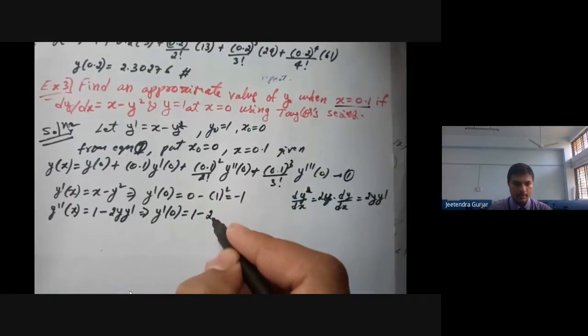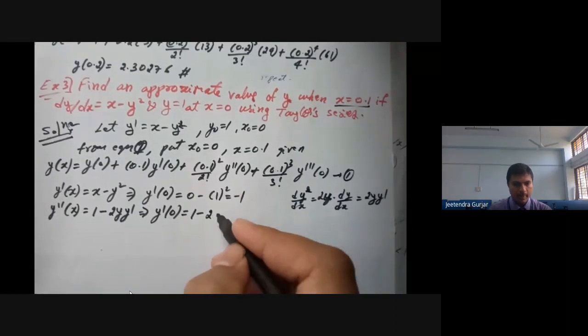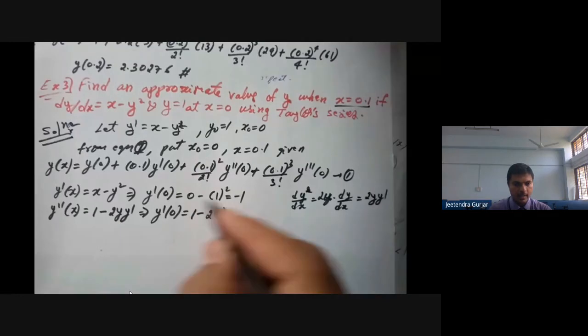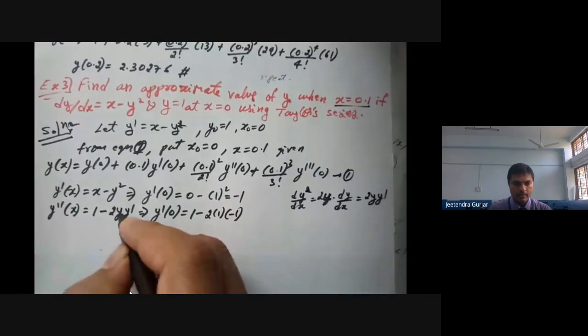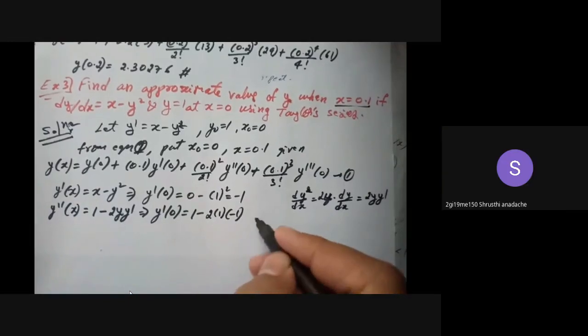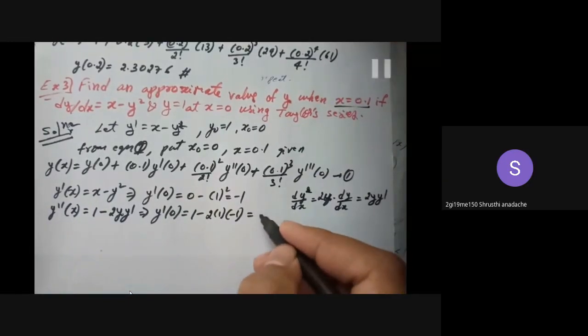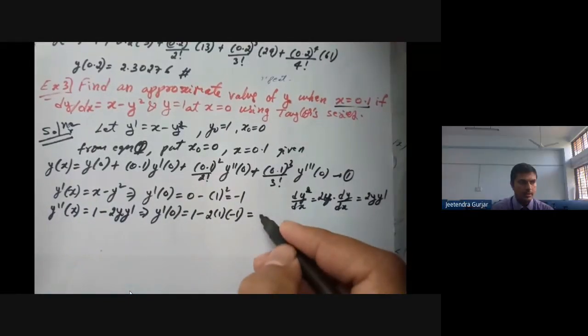Substitute the values. So we are going to get here, what is y? Already it is given 1, and y dash we have calculated as minus 1. So substitute and then simplify. Just see the value we have calculated in y dash. So y dash is equal to x minus y square. Am I right? So x is 0 as it is given in the example.